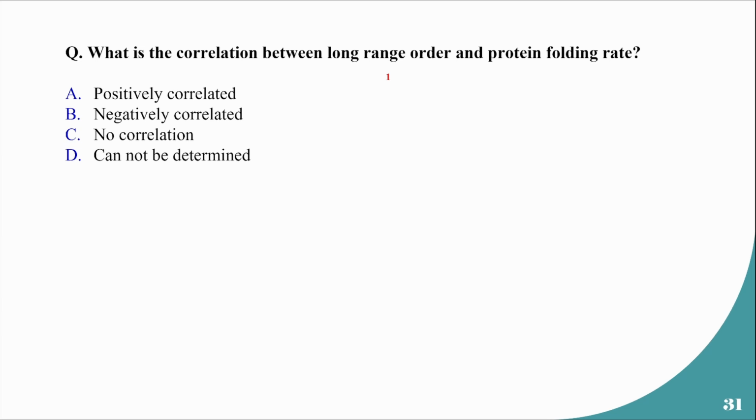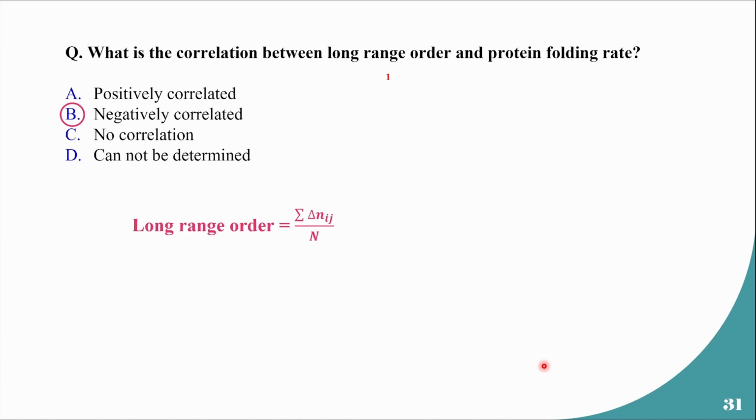High long range interactions means high sequence separation between the contacting residues, higher the contact order. So there seems to be some positive correlation between the long range order and the contact order. In the same vein, since we saw an inverse relation between the contact order and the protein folding rates, we can say in the same way that in this particular case, we will also see a negative correlation, an inverse correlation, right?